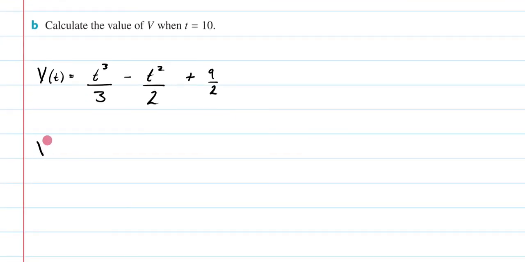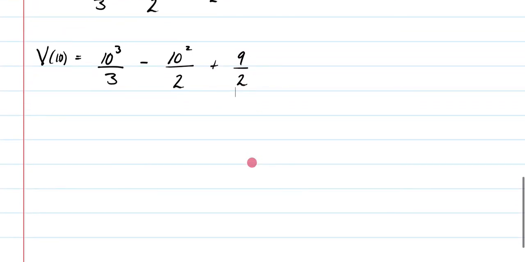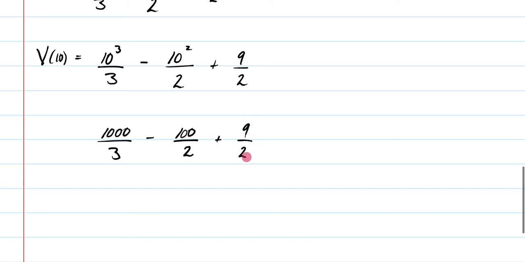So it's going to be v of 10 is equal to 10 cubed over 3 minus 10 squared over 2 plus 9 over 2. Scroll down. 10 cubed is 1,000. There it is. Over 3 minus 10 squared is 100 over 2 plus 9 over 2.